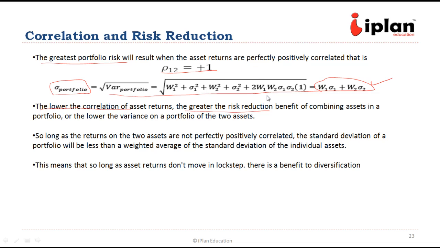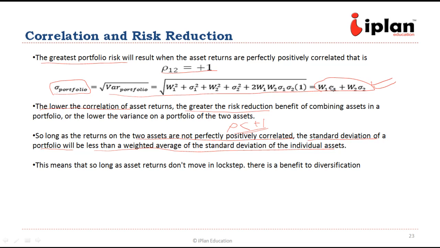But in all the cases where the assets are not perfectly positively correlated, or the correlation coefficient is less than +1, the standard deviation of the portfolio will be less than the weighted average of the standard deviations. In all the cases where the value of rho is less than 1, the sigma will be less than this weighted average. So this is the highest risk.